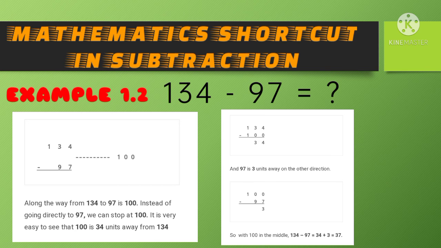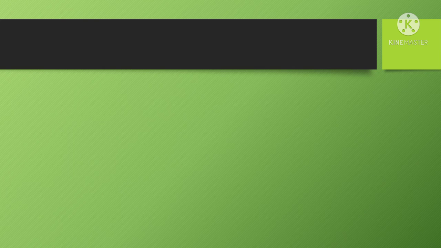So we subtract 100 minus 97, which is equal to 3. So with 100 in the middle, 134 minus 97 is equal to 34, the difference between 134 and 100, plus 3, the difference between 100 and 97, so it is equal to 37. In this process, we do not use the borrowing method to subtract numbers. So it is very easy to subtract the numbers.